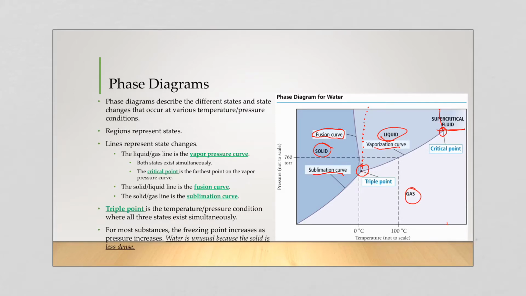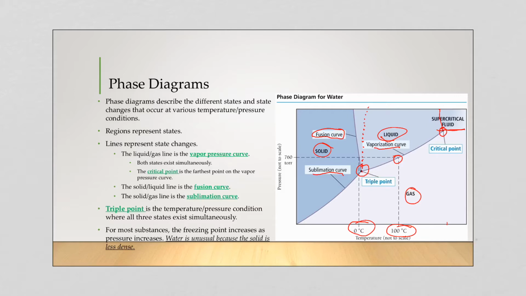So when you cross between solid and liquid across the fusion curve, you should reach the melting point. And when you cross the vaporization line, the vapor pressure curve, you should see where the boiling point is. Now, notice water doesn't sublime readily under normal pressure conditions.